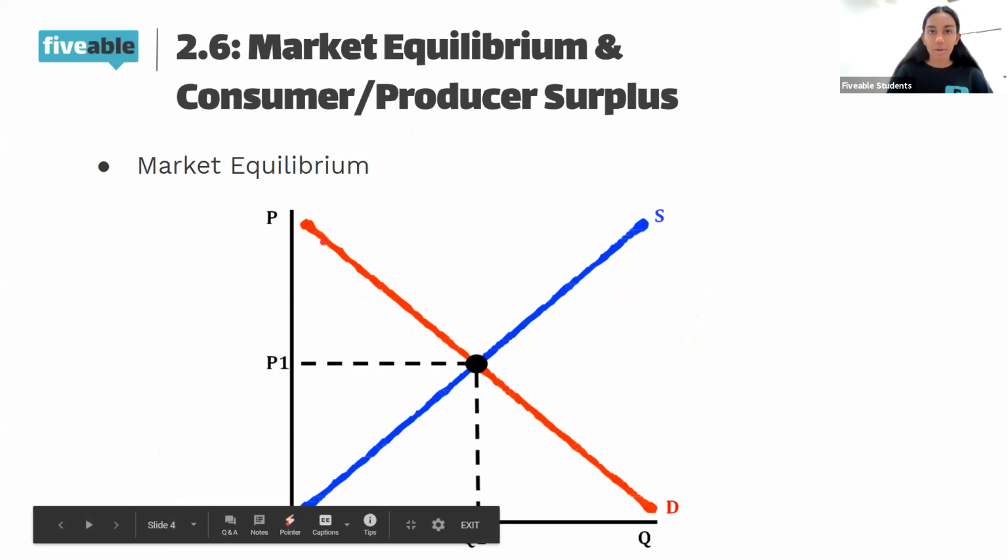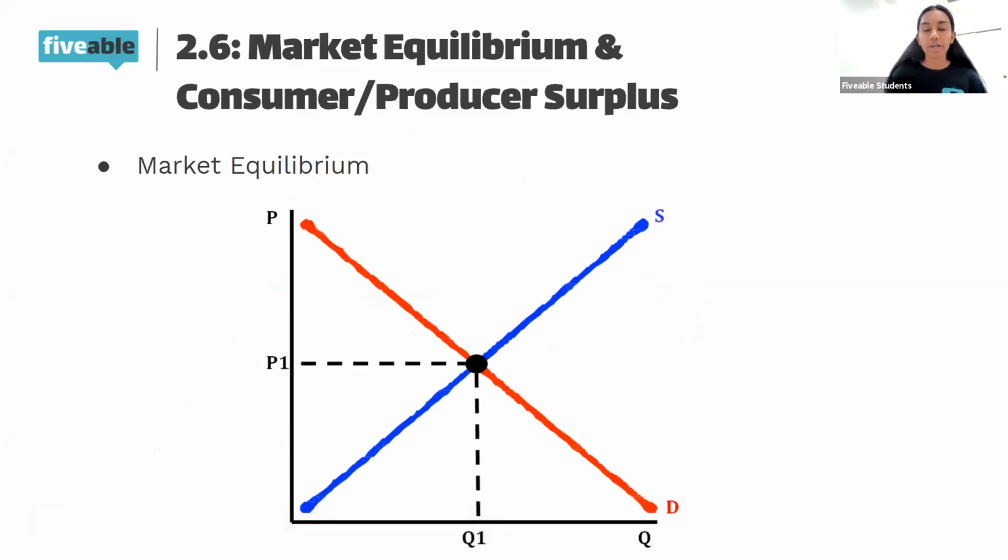So the first thing that I wanted to cover was the concept of market equilibrium and then consumer and producer surplus. Last week in our office hours, we talked about supply and demand individually. So when we put them together on a graph, that gives us the graph of a standard market: suppliers, buyers, producers, consumers.